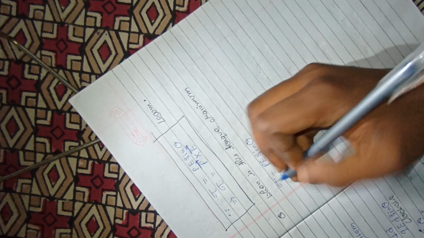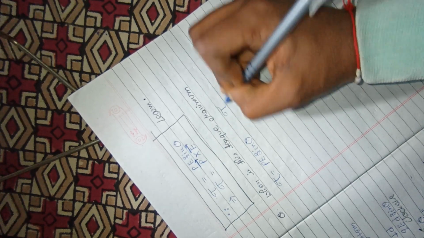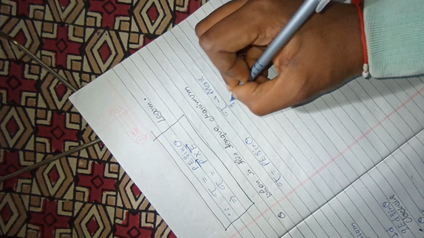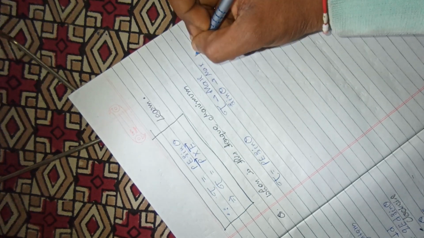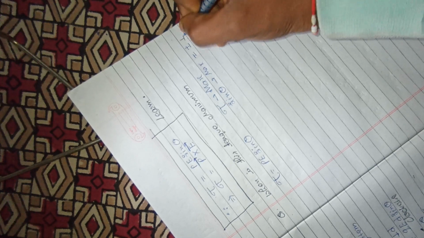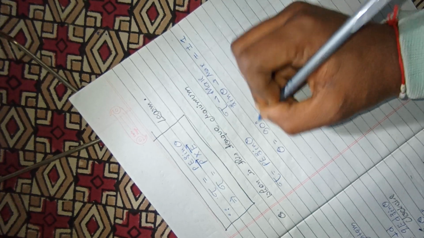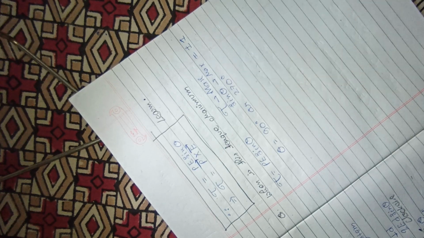To maximize the torque, we have to maximize sin theta, which can be +1 or -1. Therefore theta should be 90 degrees for +1 and 270 degrees for -1, right? We will discuss here.